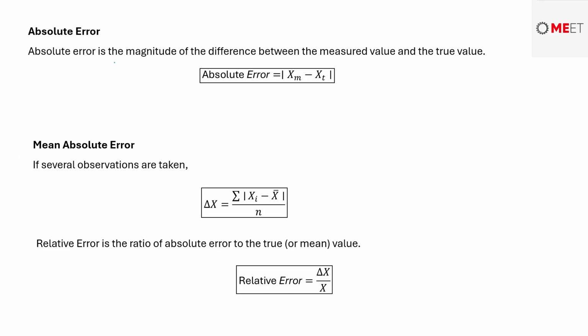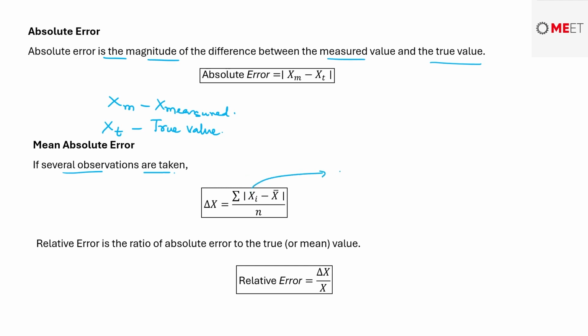Next is absolute error. Absolute error is the difference of the measured value and the true value. Xm is the mean value or measured value, and xt is the true value. Mean absolute error is for the several observations that have been taken.